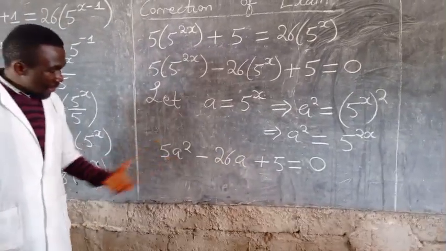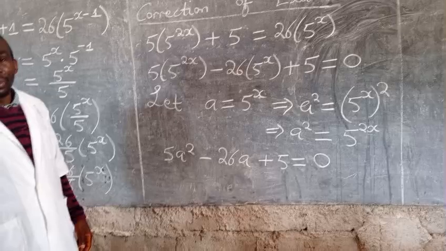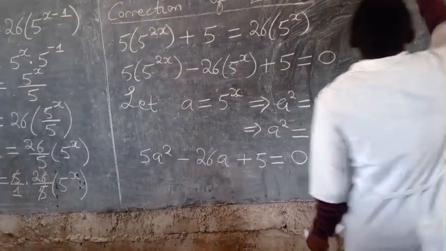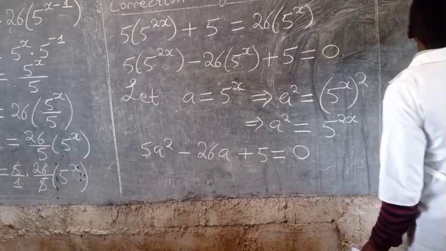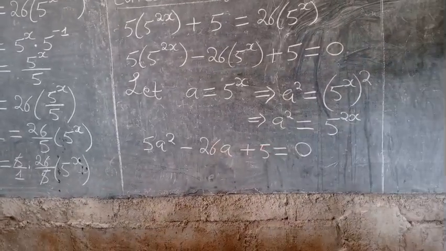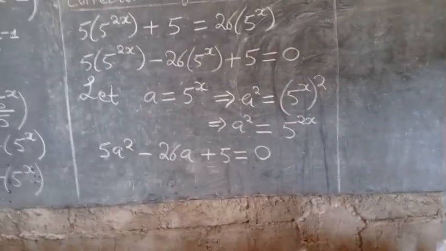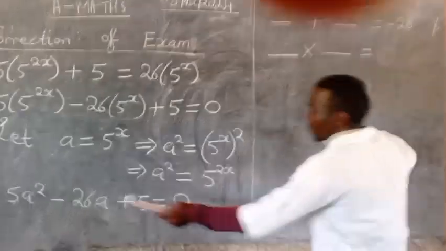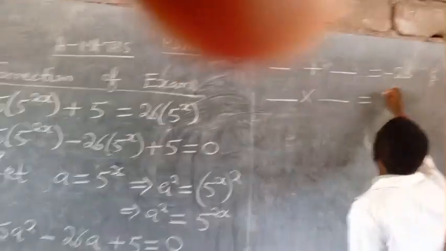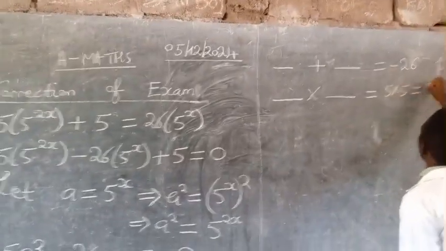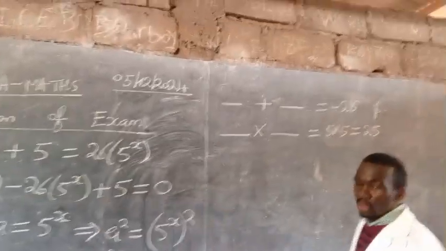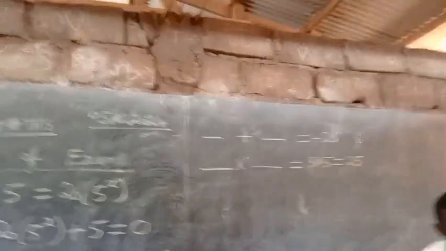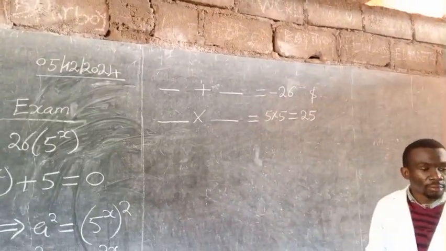Now let's see if we can solve this quadratic equation by method of factorization. So we need two numbers such that their sum is equal to negative 26 and their product is equal to 5 times 5, which is 25. Who will give us the two numbers?